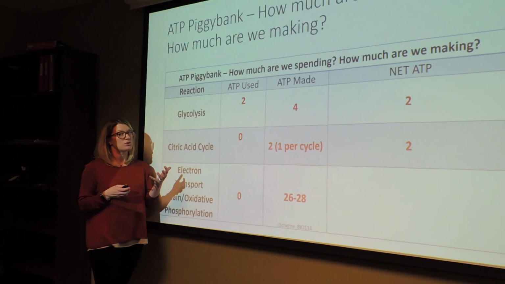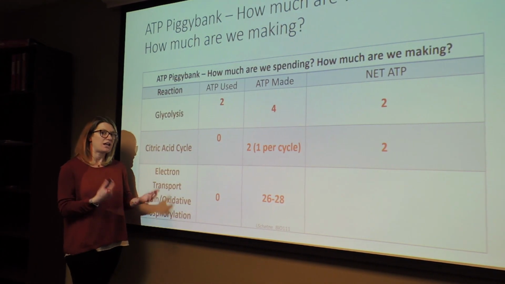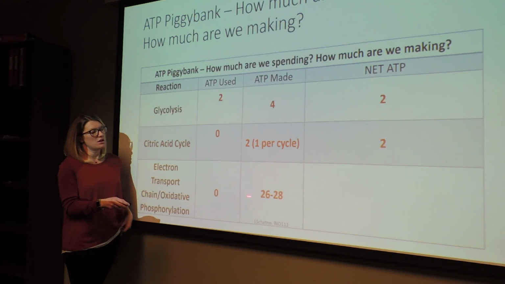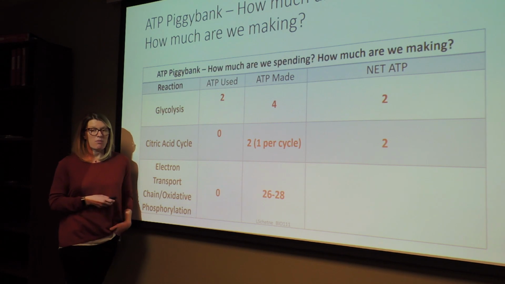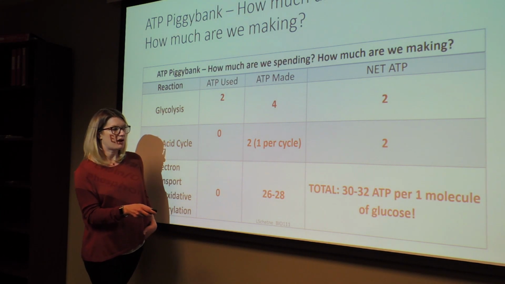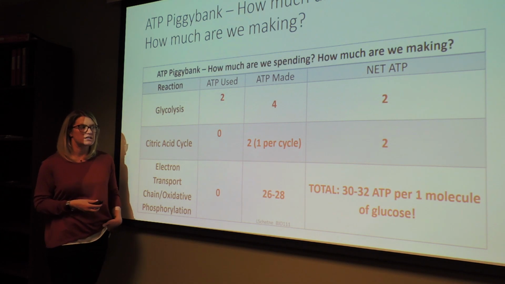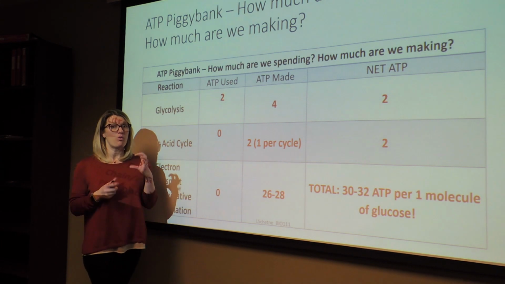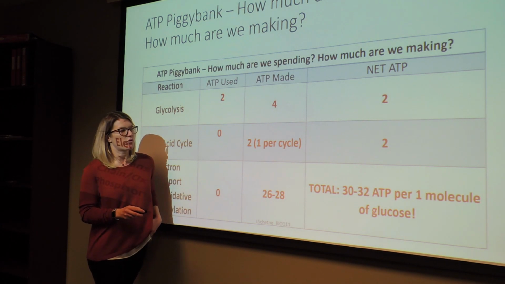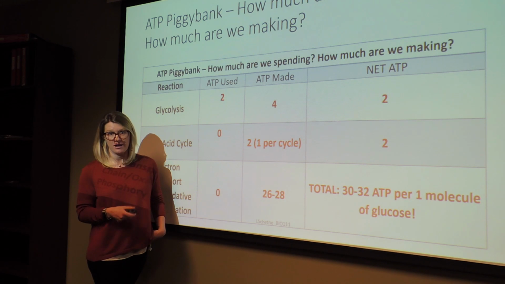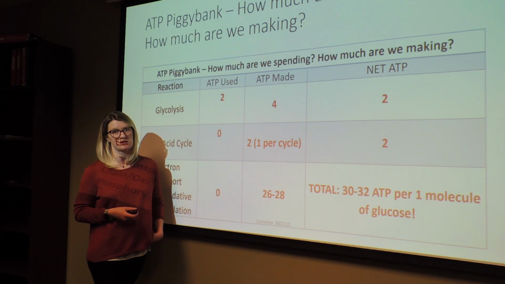So again, one glucose molecule makes enough NADH and FADH2, reduces enough electrons so that we can create this many molecules. And now if we add that to our total, we can make around 30 to 32 ATP per one molecule of glucose. Remember last time we just started with one glucose molecule, and from one we can make 32 ATP. Pretty cool. A lot of ATP can be made in this process.